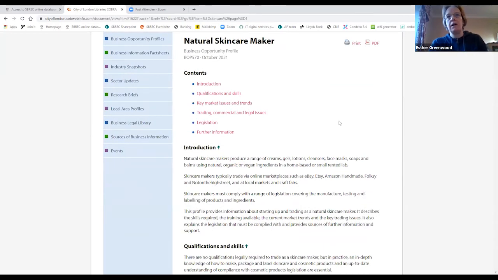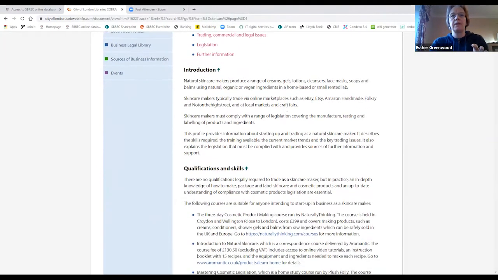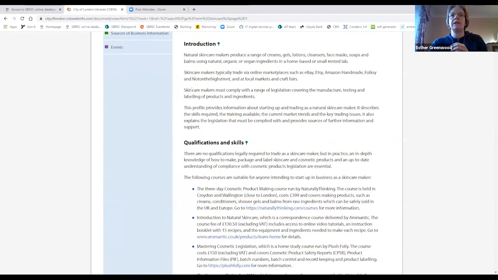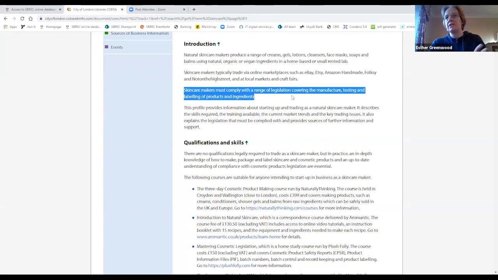So Layla, you can see it set out in the same way, talking about the trade and commercial issues and the legislation for your particular business. As we go down, at the top it mentions that there's a range of legislation that you will need to comply with.